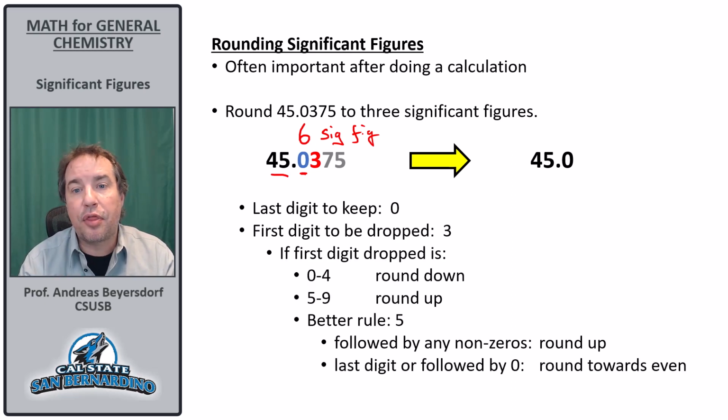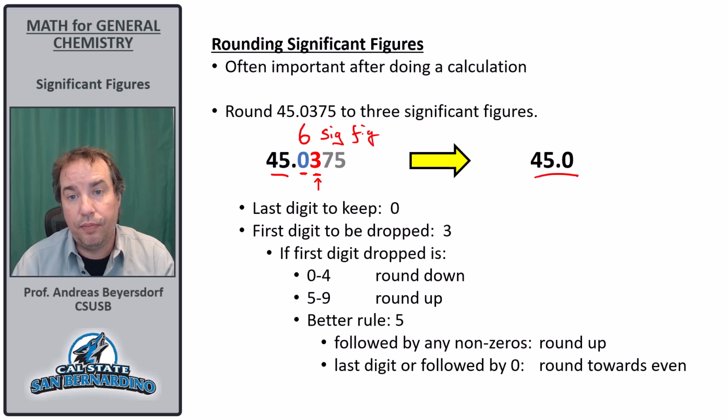In this case, the 3 is less than 5. And so if the digit we're going to drop is 0 to 4, we round down. So in this case, we'll round down, so this becomes 45.0.